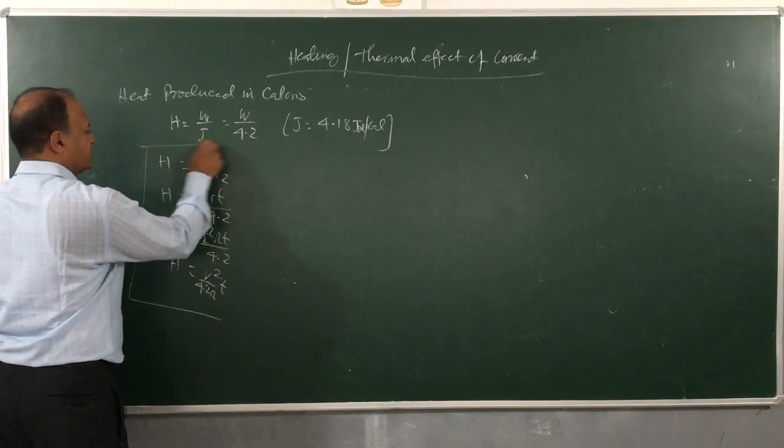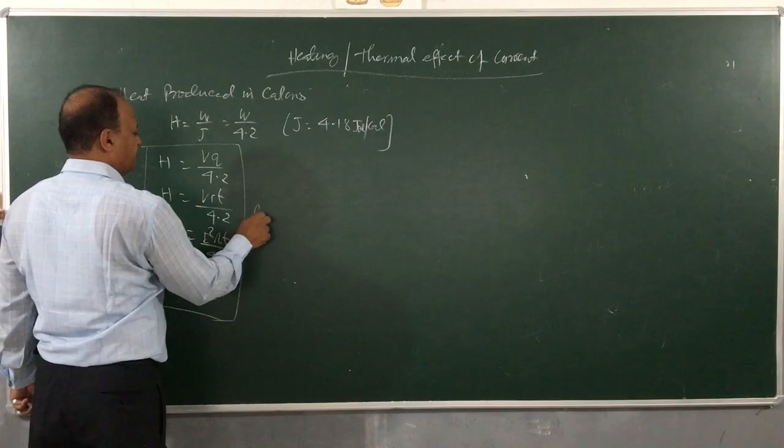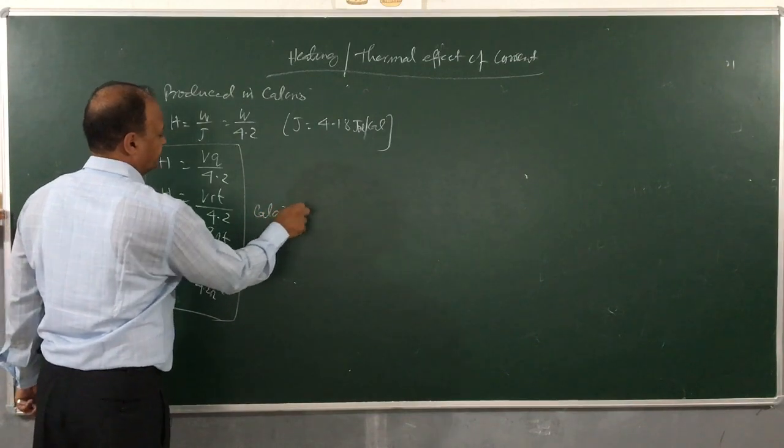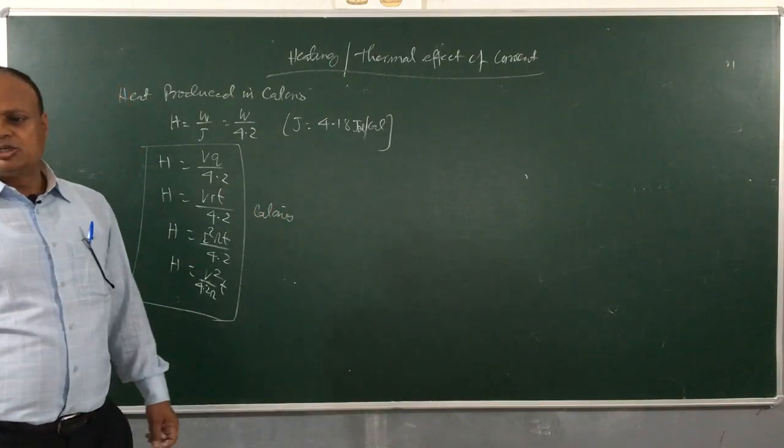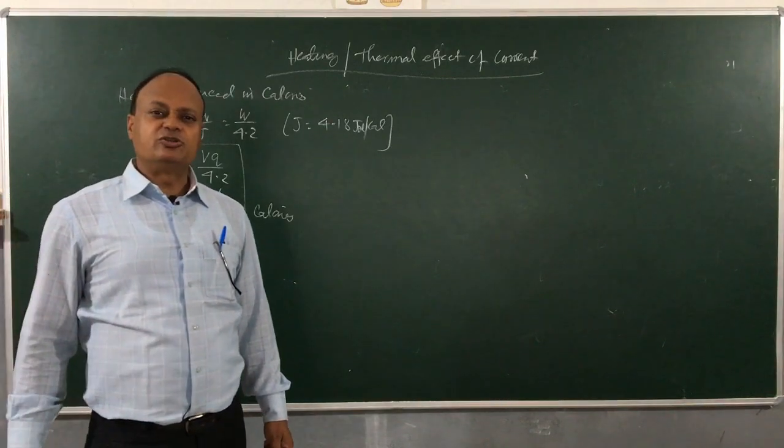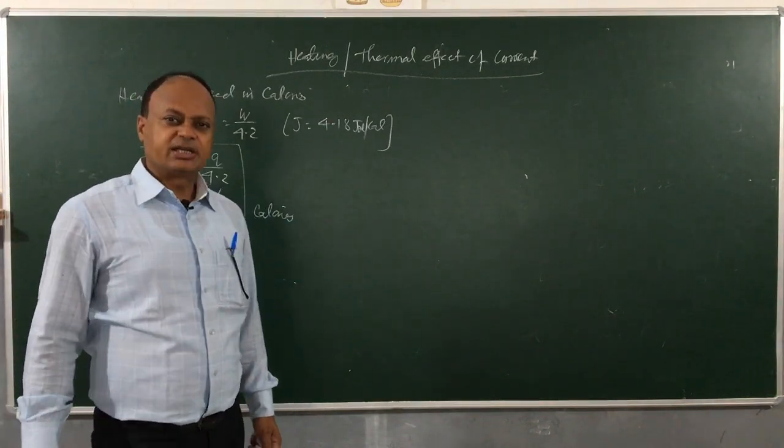So all these equations will give you heat produced in calories. So we have heat produced in joules and heat produced in calories.